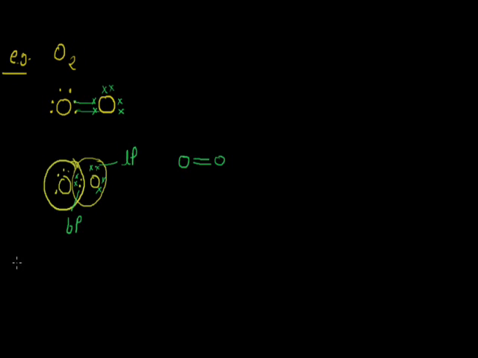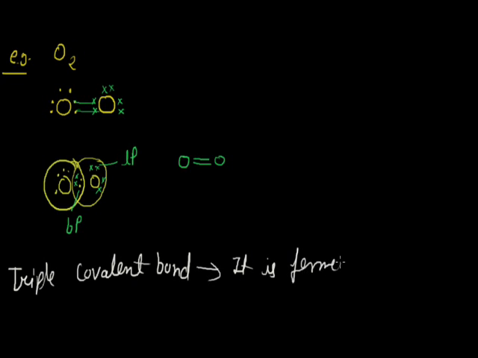Third is the triple covalent bond. It is formed by the sharing of 3 electron pairs. For example, we take nitrogen, that is N2. Here the nitrogen contains 5 valence electrons.